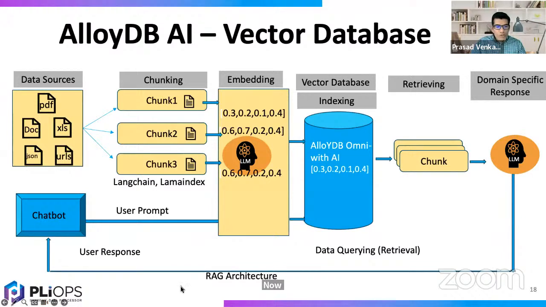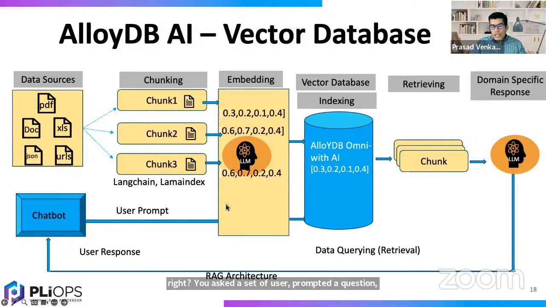Now taking this into a high-level picture, I have the data sources. I'm chunking, slicing into multiple pieces, embedding, translating that into vector format, indexing it, and storing it in a vector database. AlloyDB Omni is an excellent vector database to serve this. When you get a query from the chatbot, I mean, from a user, the user asks a question.